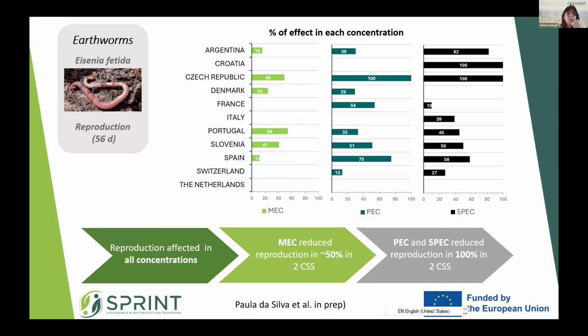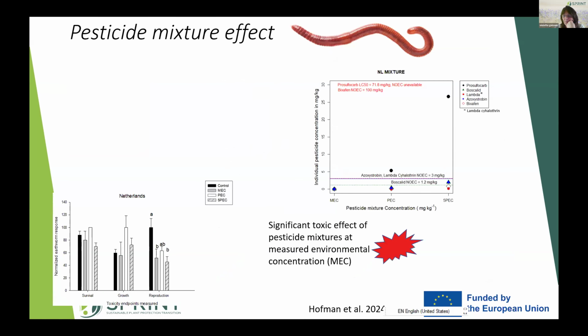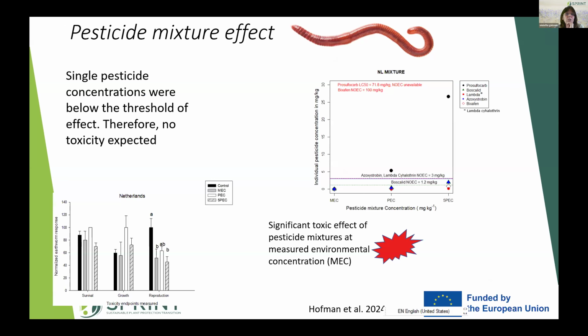What we found out as well is that more sensitive species we tested, like Lumbricus rubellus, the native species, showed much more sensitivity to the pesticide mixtures. What my colleague Jakob Hoffmann found out as well is that single pesticide concentrations were below the threshold values of effect. Therefore, we did not expect any toxicity.